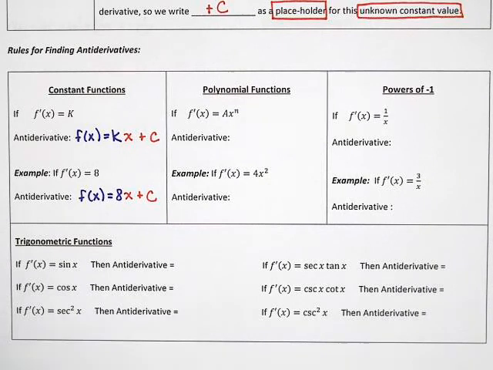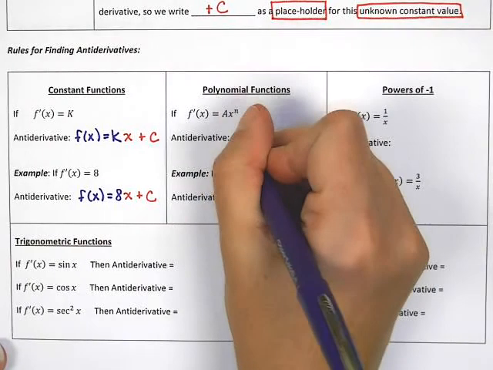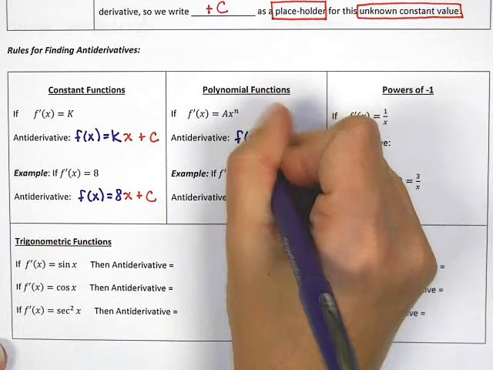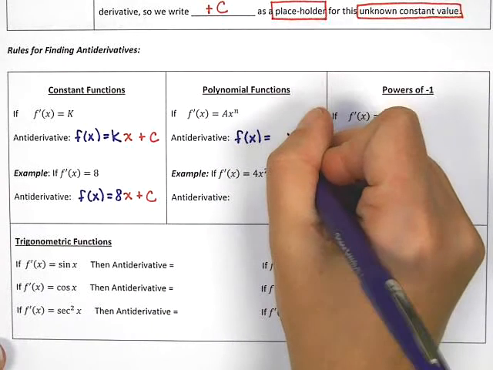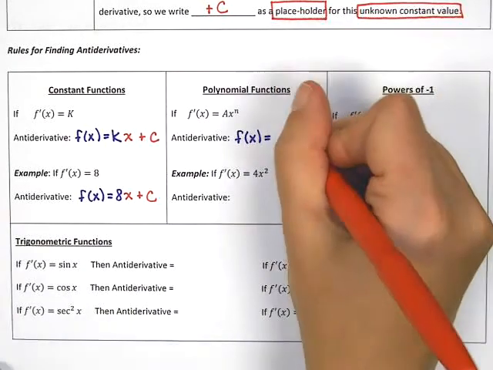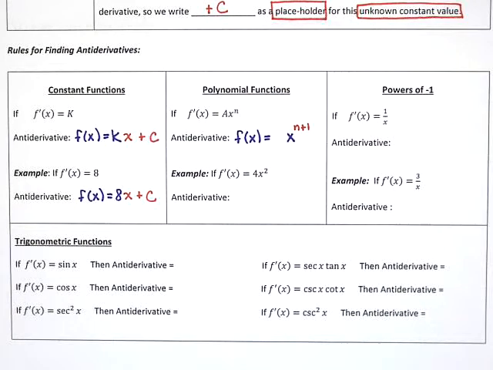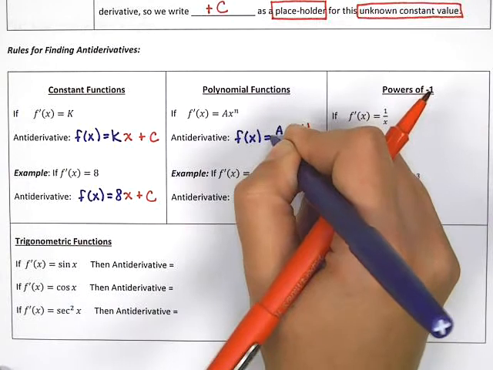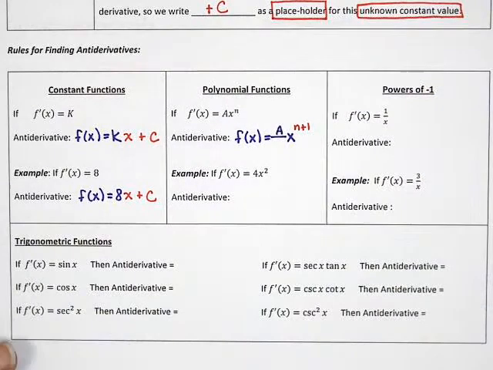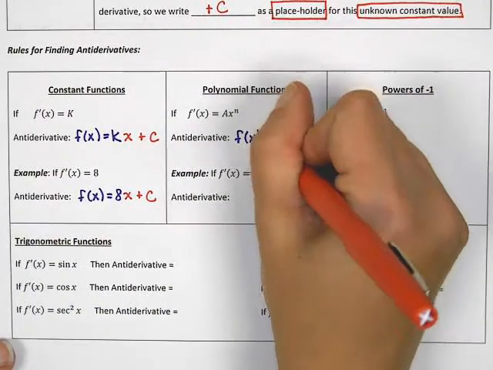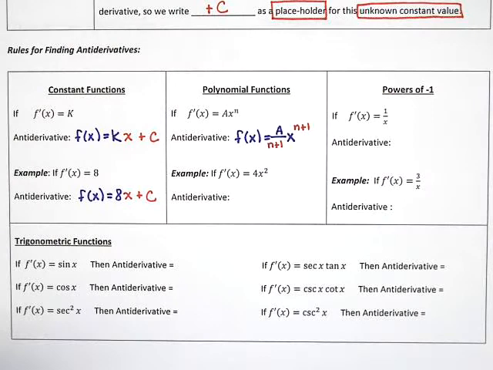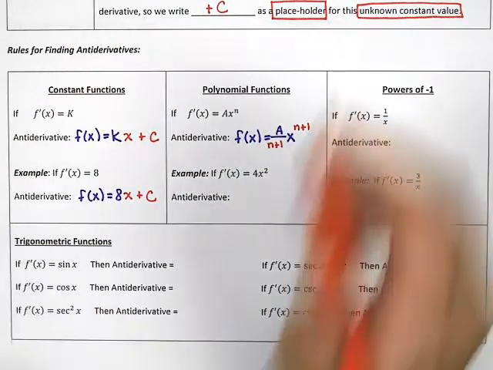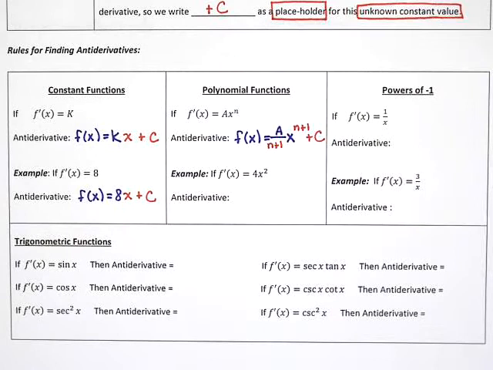So if your derivative is a number times x to a power, then your antiderivative would be x to a number that is 1 bigger. So instead of n, it would be n plus 1. And then instead of multiplying by that new power, the way that we do when we do a derivative, we would divide by that power. Don't forget that in this case, we also need to write a plus c.